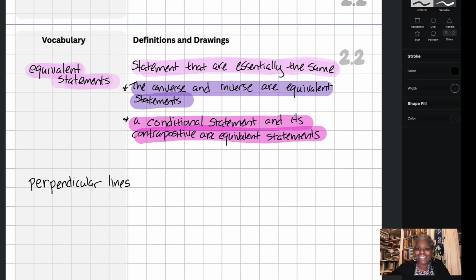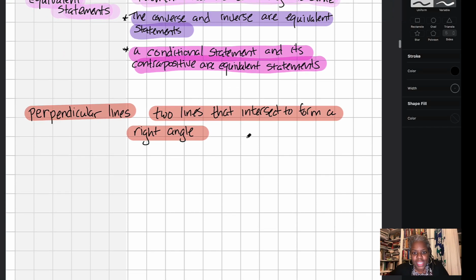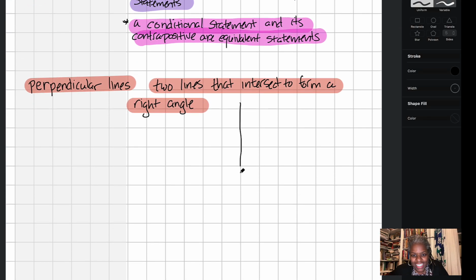A couple words that we need to make sure we are familiar with is the idea of perpendicular lines. That's when you have two lines that intersect to form a right angle. So given two lines, let's say we had this line here and this line here, and we can name these lines line L and line M. We could say that they are perpendicular if they form a 90-degree angle.